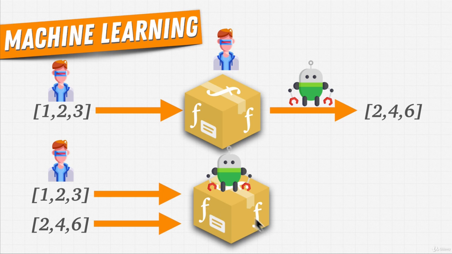And this is machine learning. It's simply a function. So instead of us writing the function like we have before, with machine learning, the machine writes the function. We just give it the input and the output. And the word function can be replaced with a model. You might have heard of the word machine learning model.